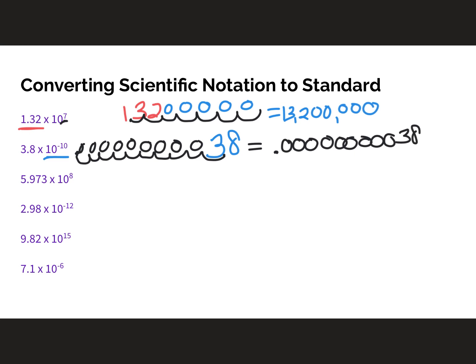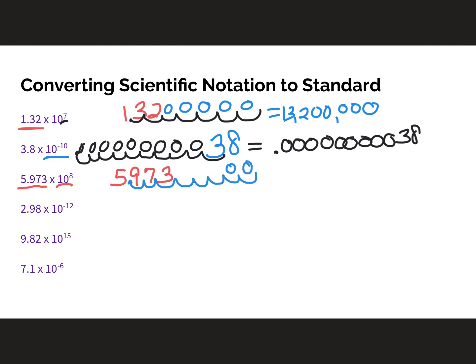Okay, so let's try another one. Here I've got this number, 5.973 times 10 to the 8th. It's getting bigger, so I'm going to move my decimal to the right. So I've got 5973. And I can move my decimal place 8 spots. 1, 2, 3, 4, 5, 6, 7, 8.